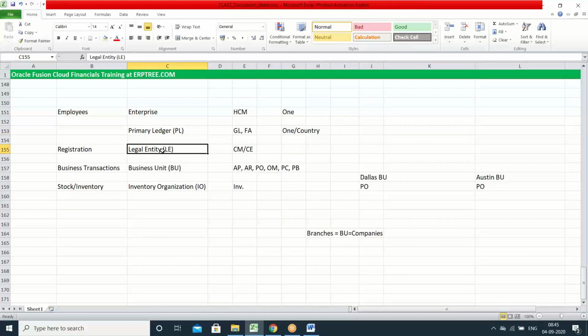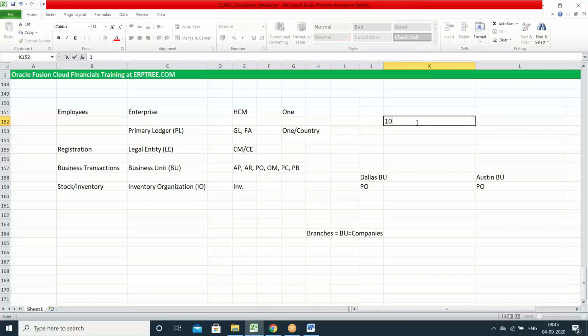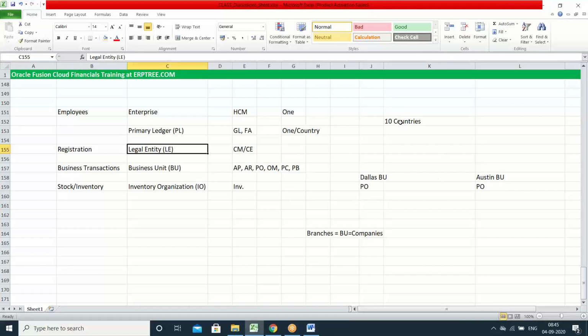How many legal entities are required if the client is operating the business in 10 countries? Anyone? The client is running the business in 10 countries. Registration, they can have one registration. If they want to maintain different ones also, they can. Correct.